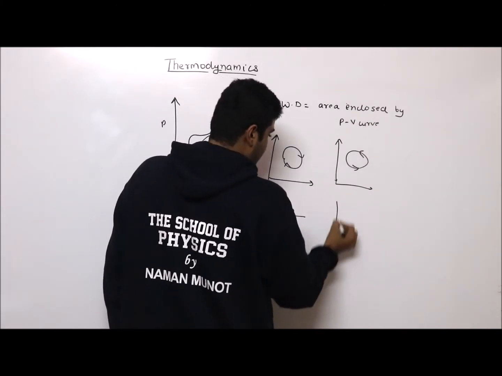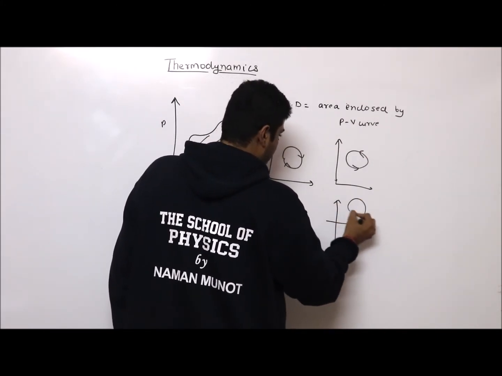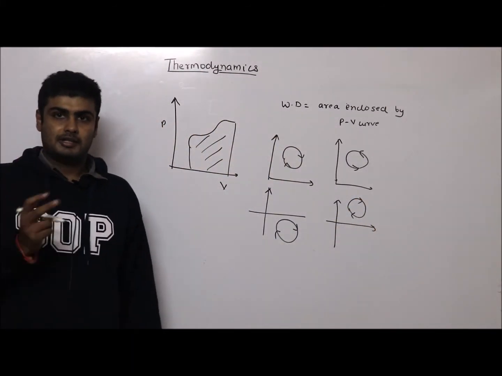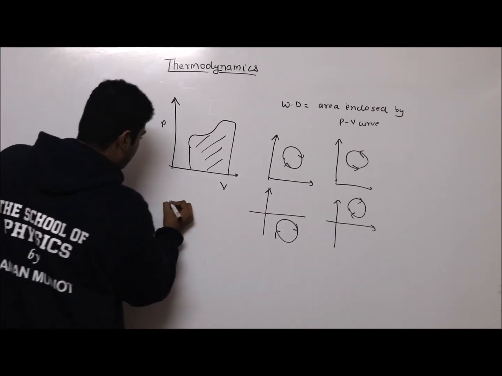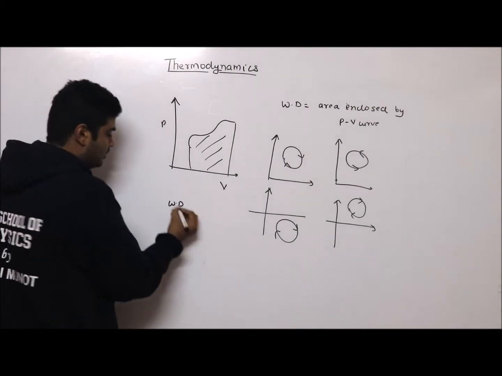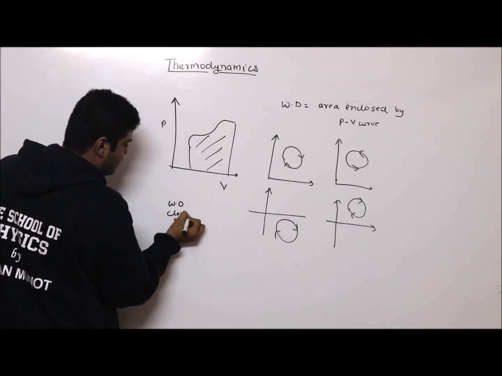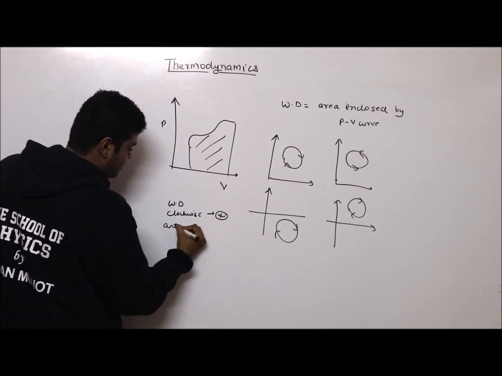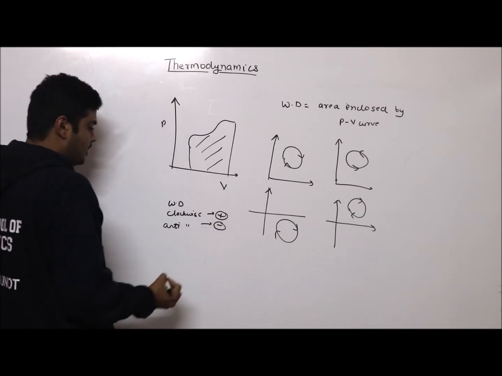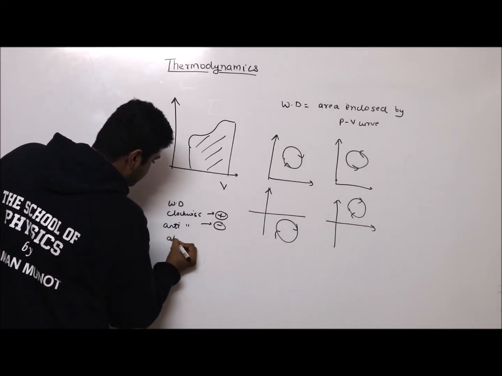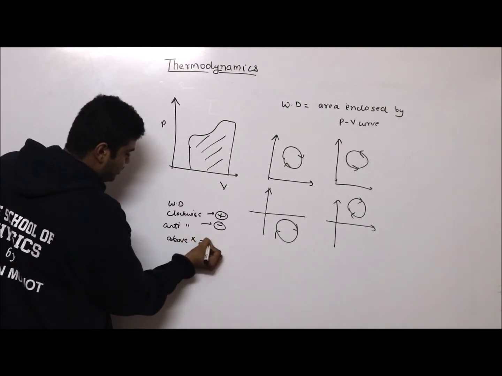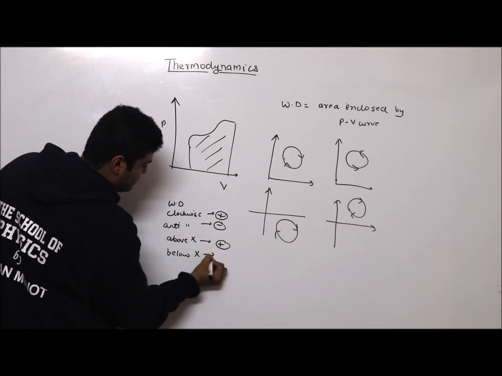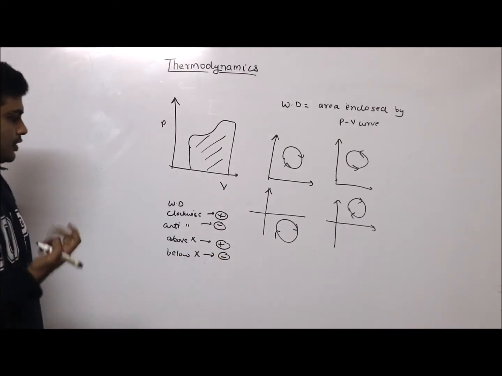In this case, you have to keep in mind that work done clockwise is positive, anti-clockwise is negative. Above the x-axis work done is positive, and below the x-axis work done is negative. This is what you have to remember.